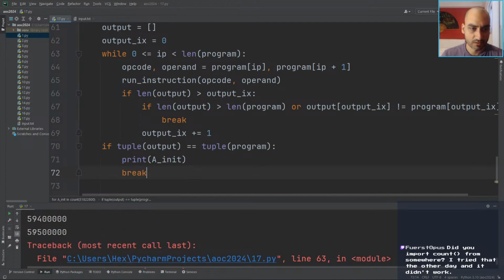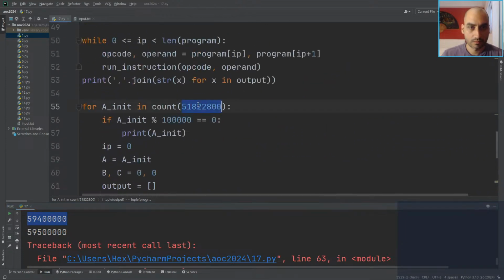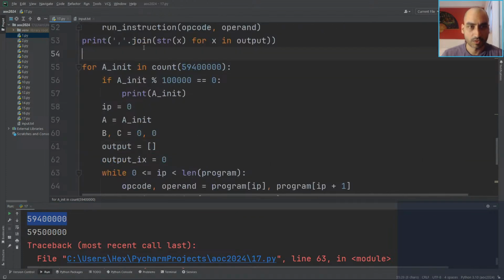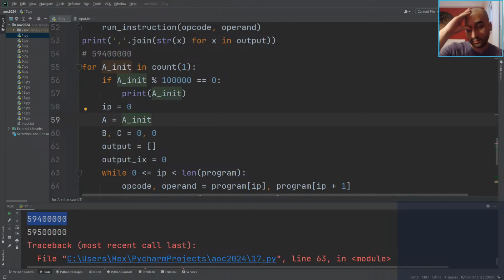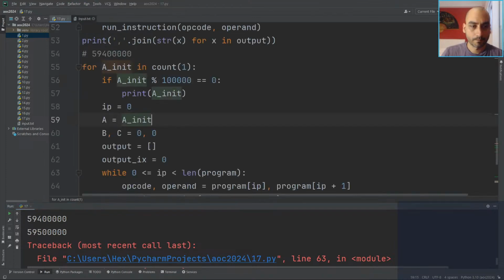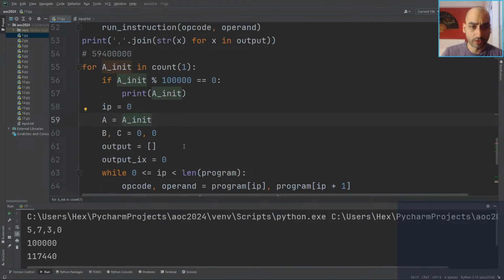So we got as far as that. Let's make a note of that. 117440 is what we're expecting for this example. 117440. Okay.